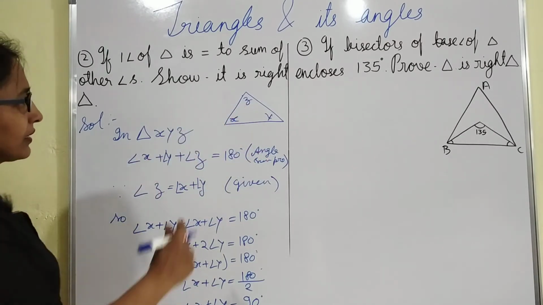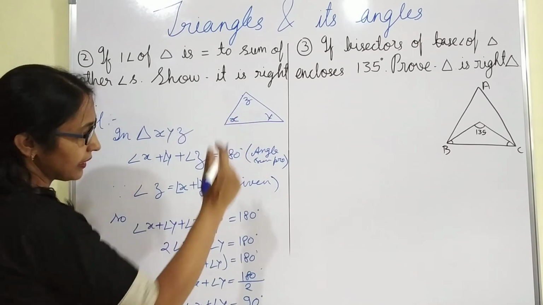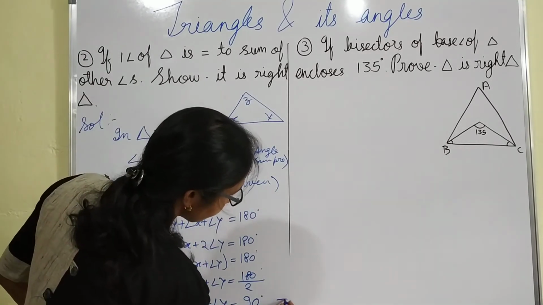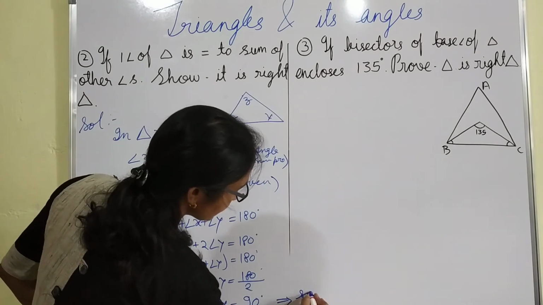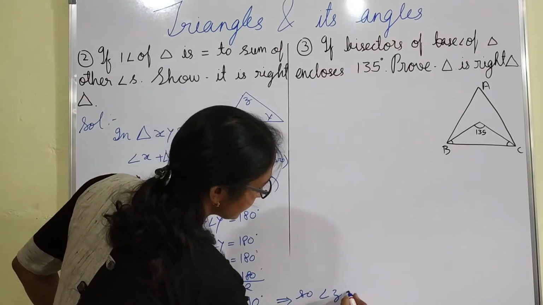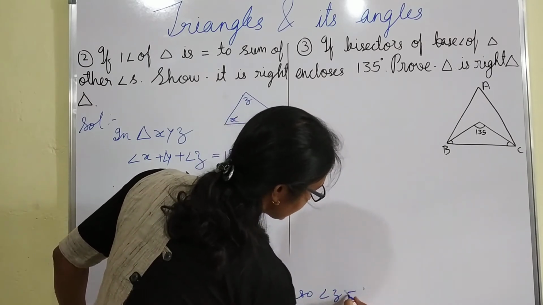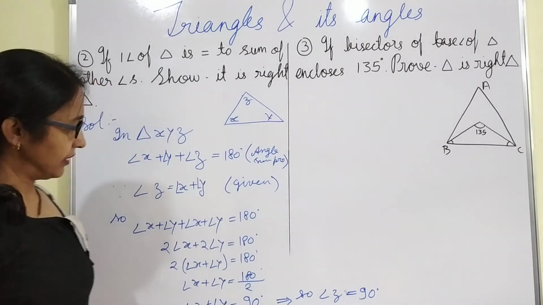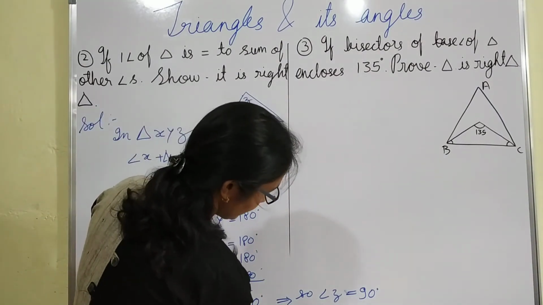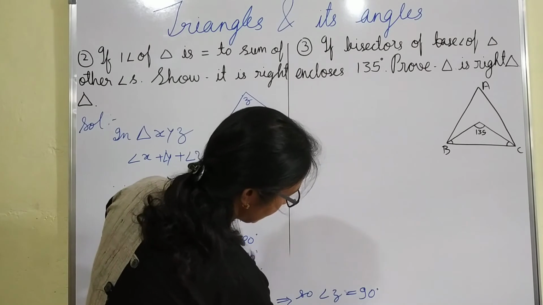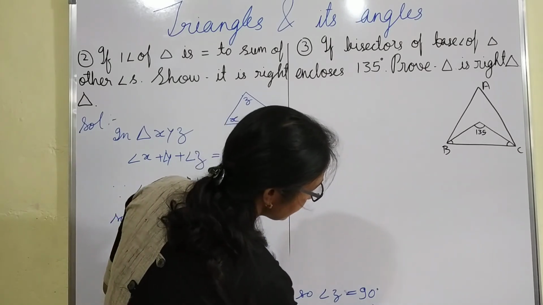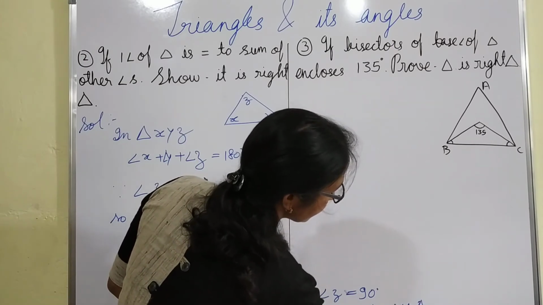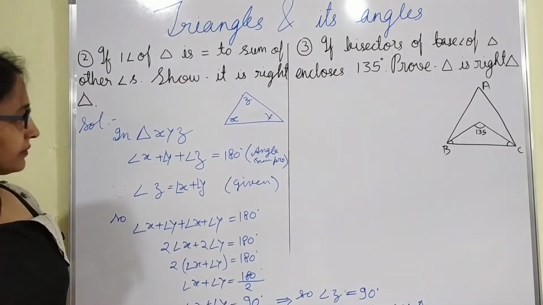So according to angle sum property, z will also be 90 degree. So I am writing here, angle z equals to 90 degree. Hence it is right triangle. Thus triangle XYZ is right triangle. Okay.